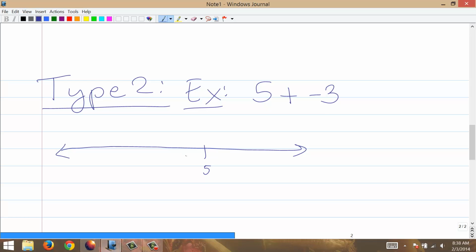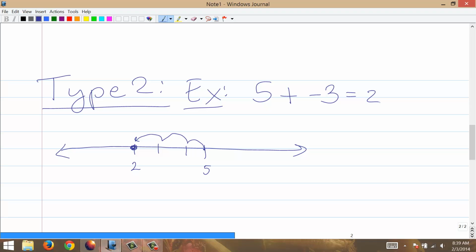So in this case, we start at 5. We're going to go 1, 2, 3 to the left. So 4, 3, 2. So notice that we end at 2. So our answer to this problem should just be 2. So notice what we're doing when we have numbers that are different signs.